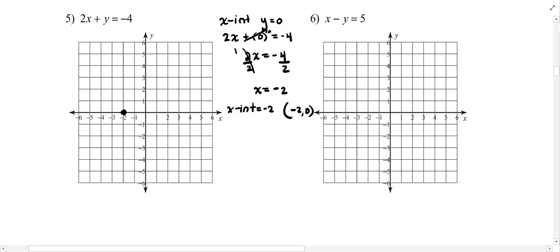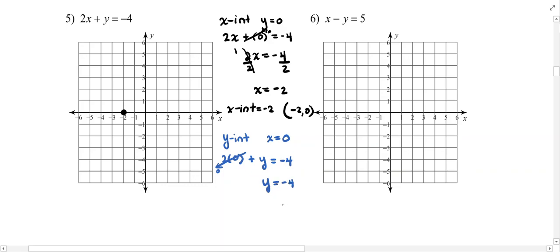Let's use blue this time. Now we're going to find the y-intercept. When you're looking for the y-intercept, then x is going to be equal to 0. So you have 2 times 0 plus y equals negative 4. 2 times 0 is just 0. So y equals negative 4.